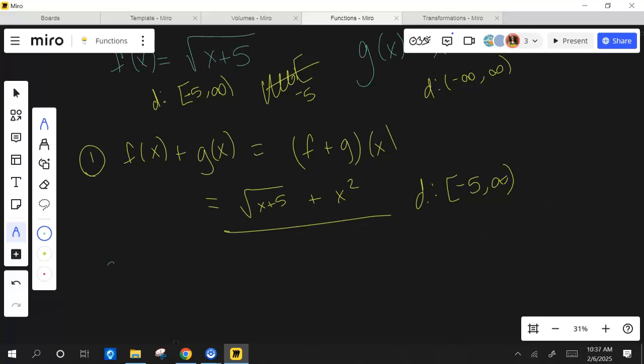All right, do this one. Find the new function and find its combined domain. Guys, I know I've been talking a long time, but y'all stay with me a little bit longer.